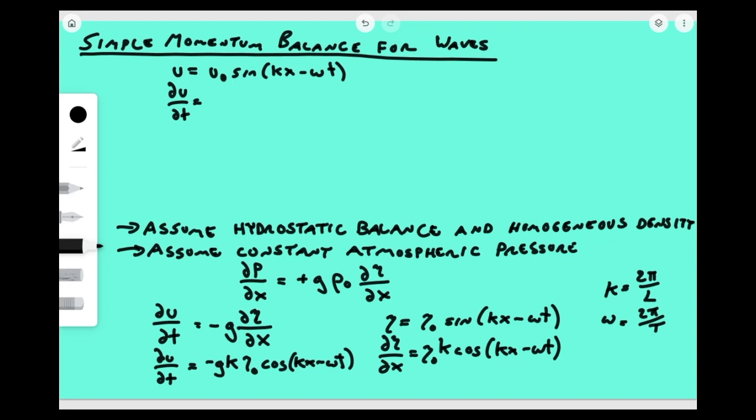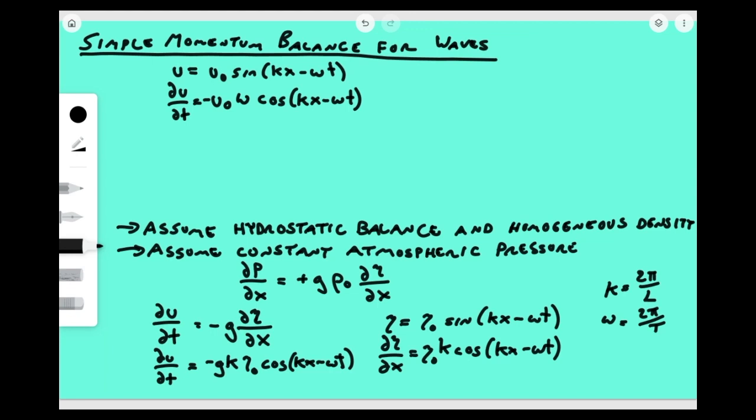The time derivative of this expression is u naught times cosine of kx minus omega t. And then I have to apply the chain rule and take the derivative of kx minus omega t with respect to time. And that's negative omega. And I'll put that over there.